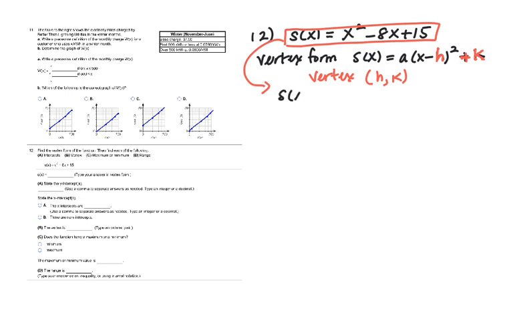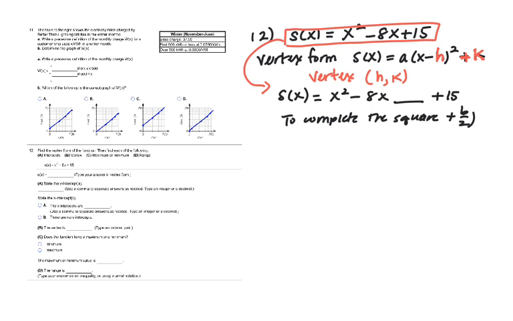We have s of x equal to x squared minus 8x. I'll leave a space here so we can complete the square, and then keep our plus 15. In order to complete the square, we'll add (b/2) squared.